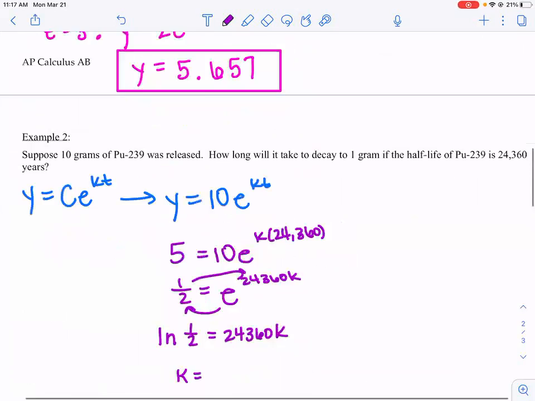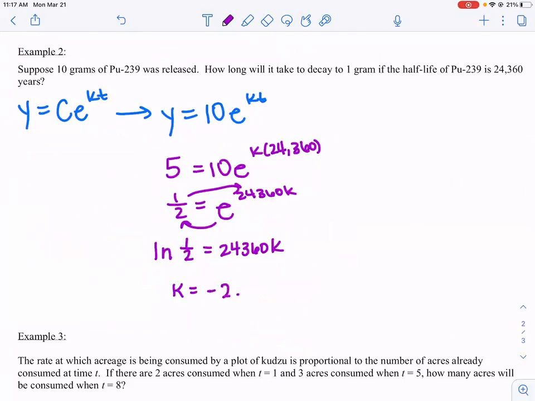Negative. Oh my goodness. Oh, you're very verbal today about how much you are enjoying this.